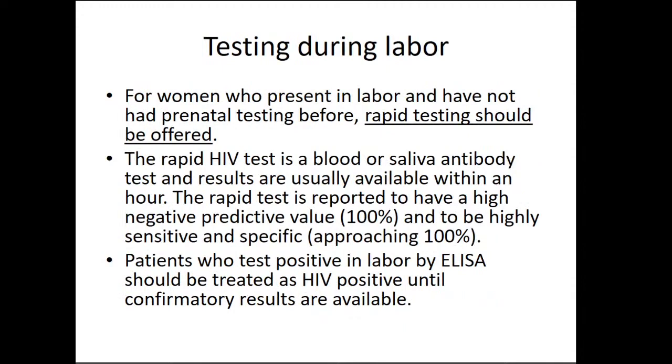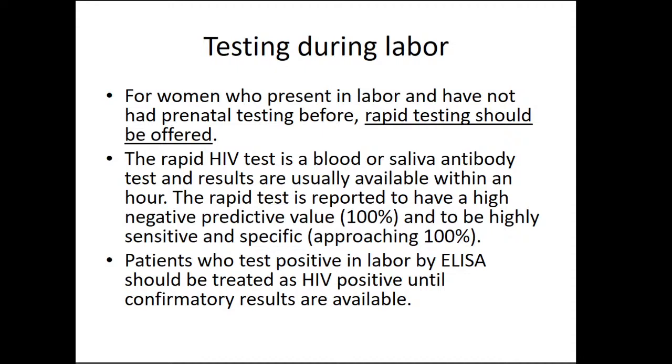If women present in labor and didn't have prenatal testing before, in a maternity unit we need to have a rapid test for HIV, and we need to offer it if a woman hasn't been tested before. So rapid testing should be done when she is admitted to the delivery ward in the maternity house.